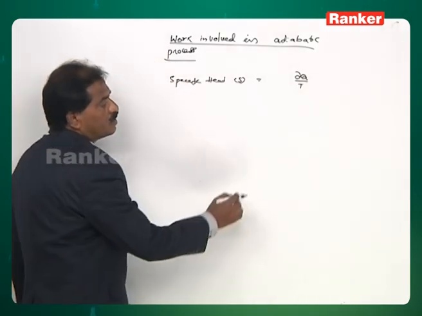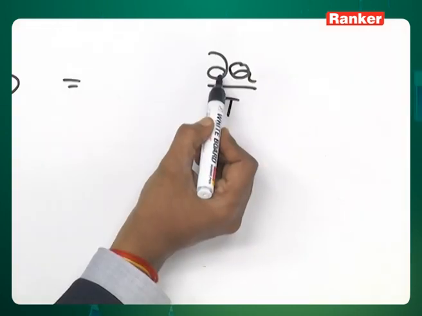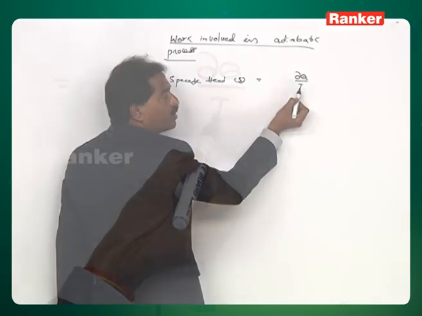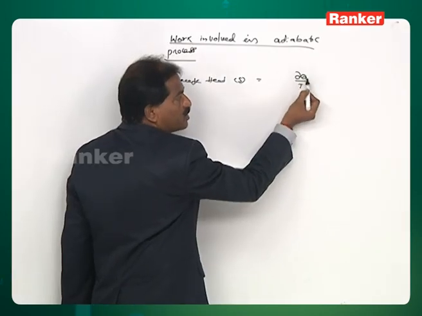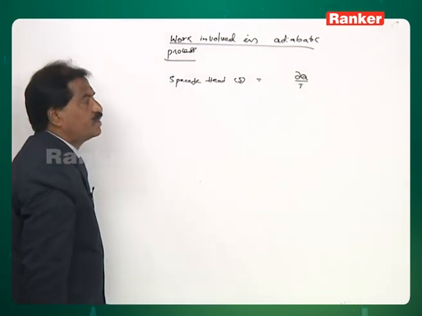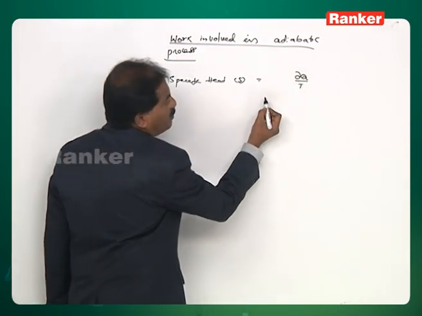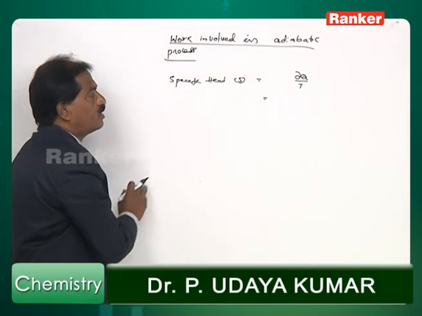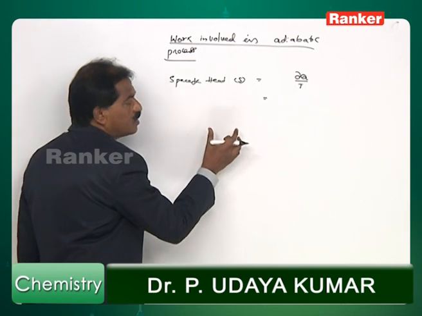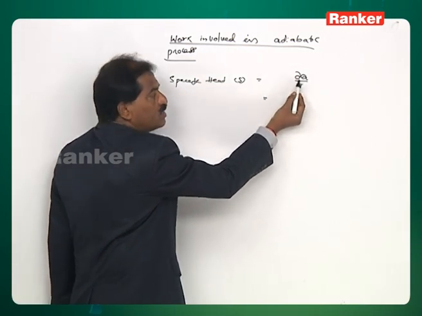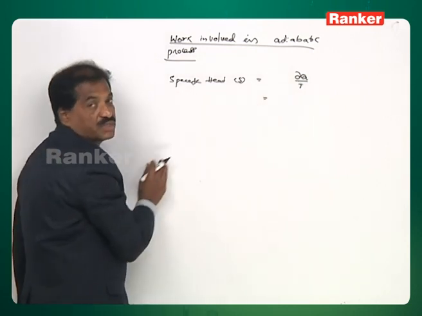That means when the system absorbs or liberates an infinitesimally small amount of heat energy at any temperature, the ratio between that small amount of heat exchanged with respect to temperature is called specific heat. But in normal terminology, we don't define specific heat in this manner. Simply, the quantity of heat required to raise the temperature by 1 unit is called specific heat.